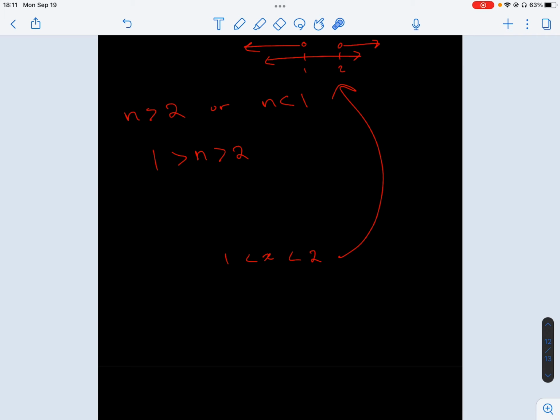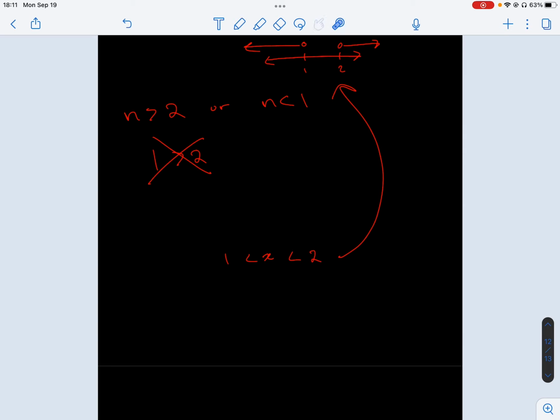I mean, if n is the middleman here, then you imagine if we consider the endpoints, 2 should be less than whatever n is, which should be less than 1. But if n is less than 1, that means 2 should be less than 1. So really, we're saying here that 1 is greater than 2, and that's not true.